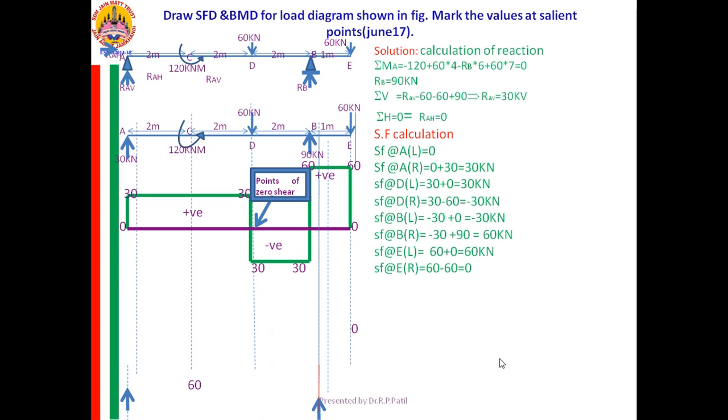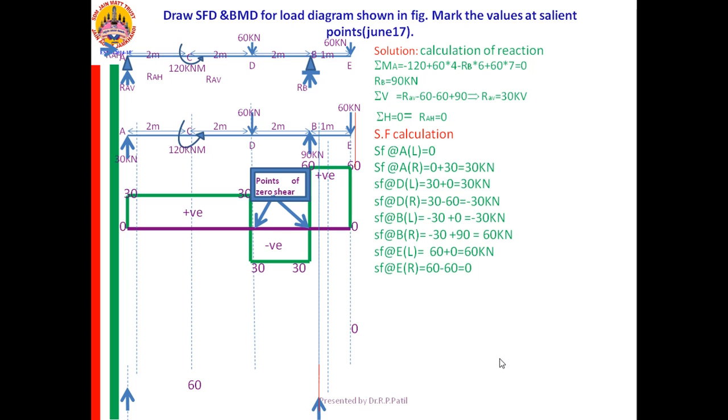Here you have 2 points where the SF is changing from positive to negative or negative to positive. On one side of that point it is positive, on the other side it is negative. Therefore, this point is the point of zero shear.